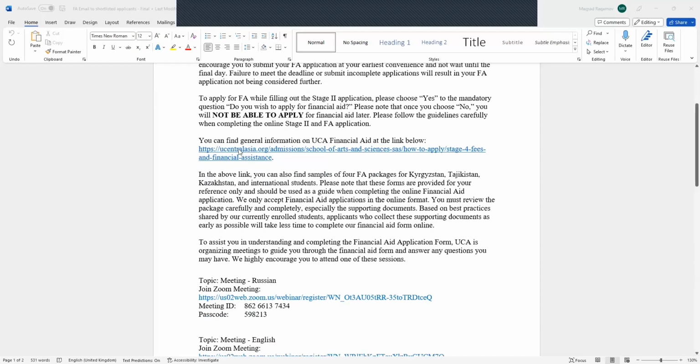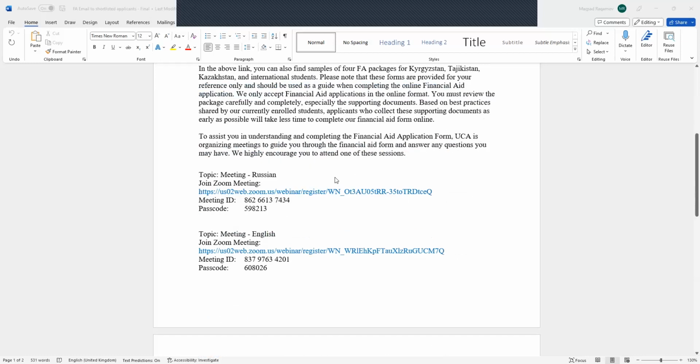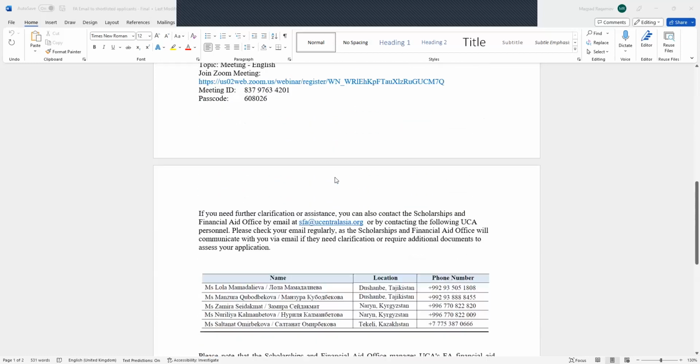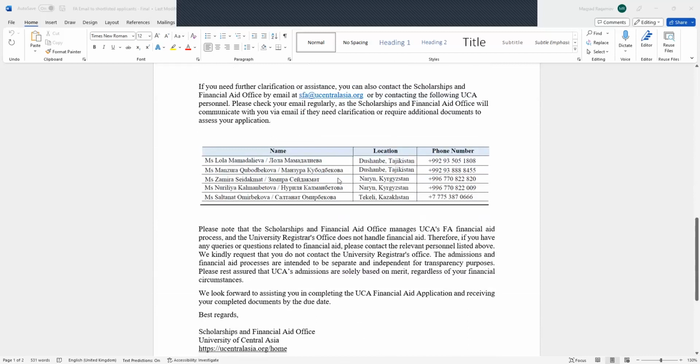Here you can see we have shared the link with you, and also the Zoom details, and the contact details of our colleagues who are there to help in location, as well as for international or other students who have applied to University of Central Asia.